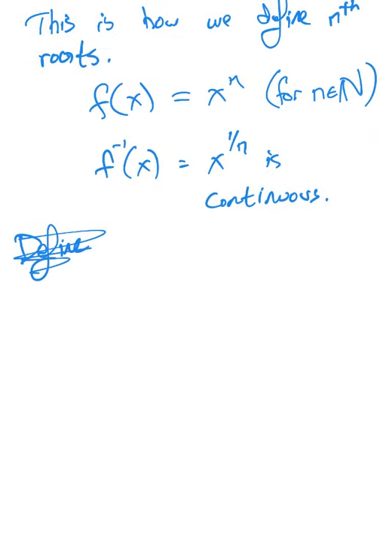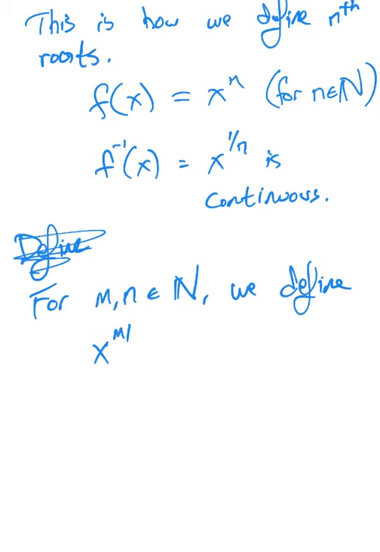If we want rational powers, that would mean that we have two natural numbers. We define x to the m over n to be the nth root of x to the m.